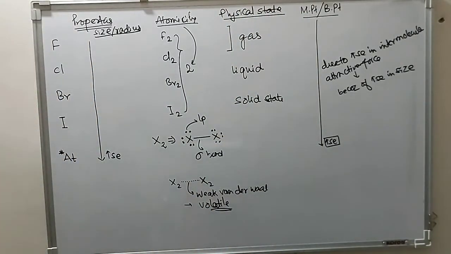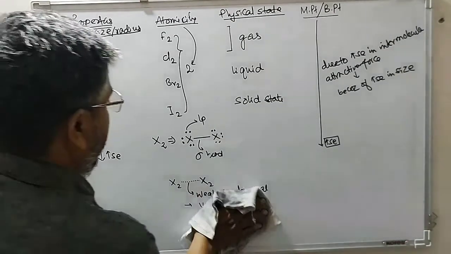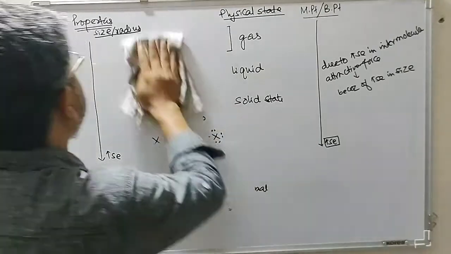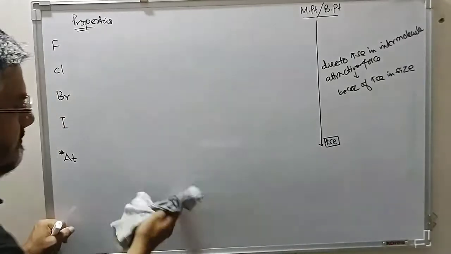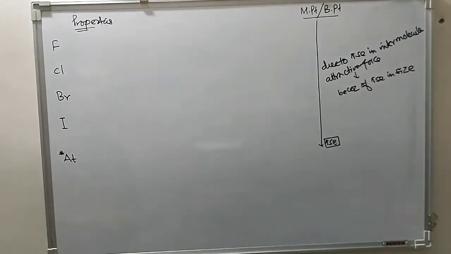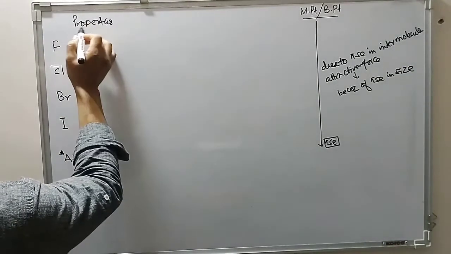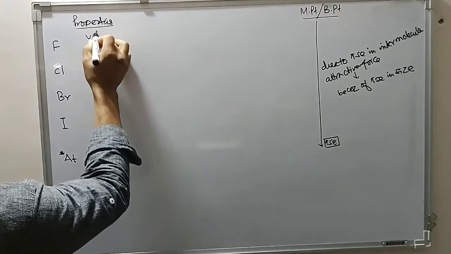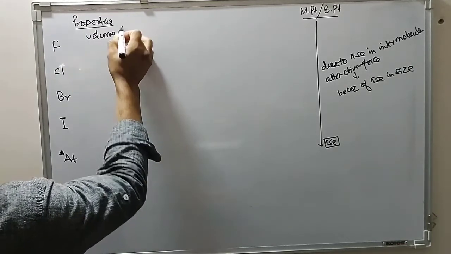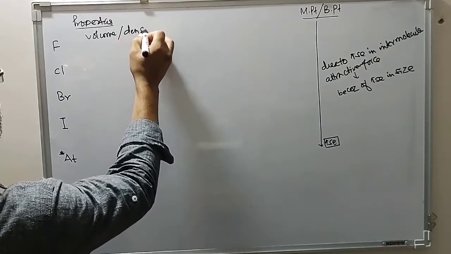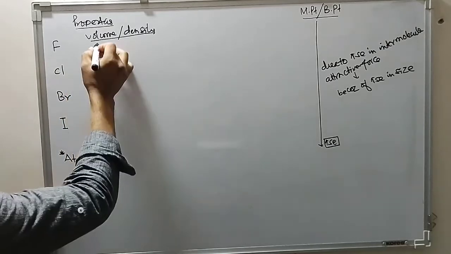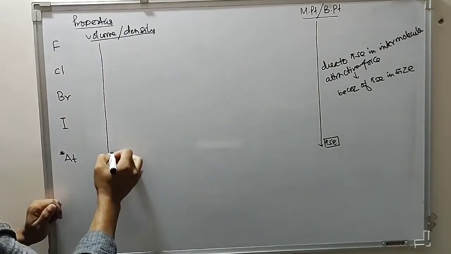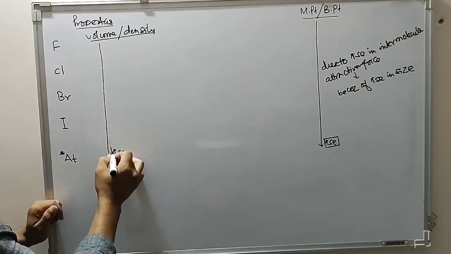Now after this, let's discuss some other points also. Volume and density. Both volume and density of these elements also increases down the group.